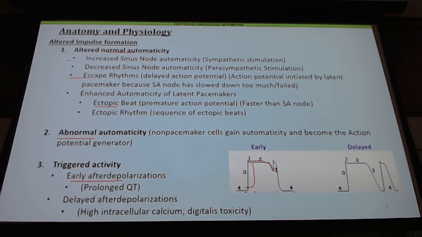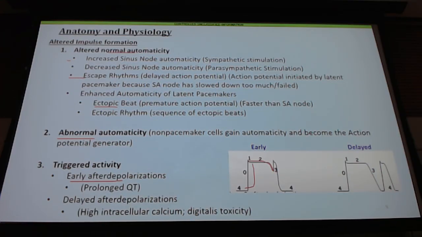So is that going to lead to a coordinated response? The answer is no, because if I only have 10% of my myocardial cells that have repolarized, I'm only going to have 10% actually ready to respond to that signal that came down. So now I'm only having a 10% response, not the 100% response that I want.